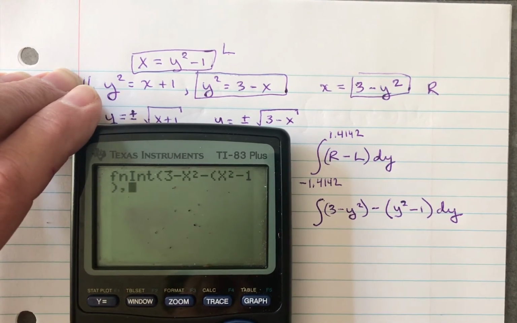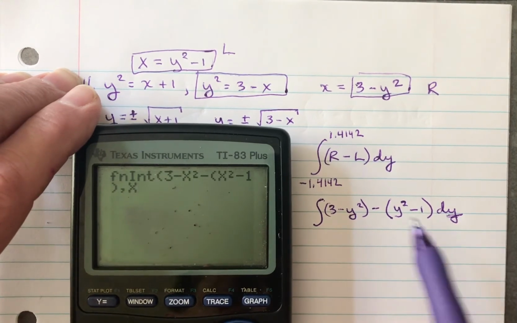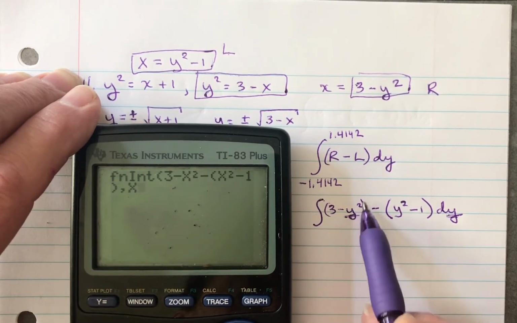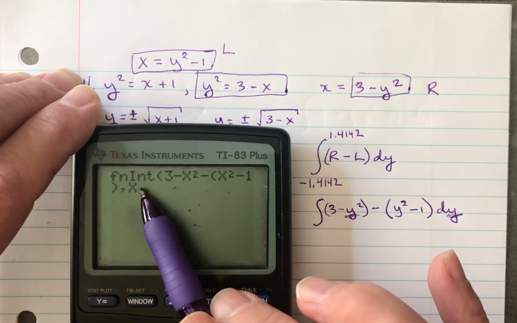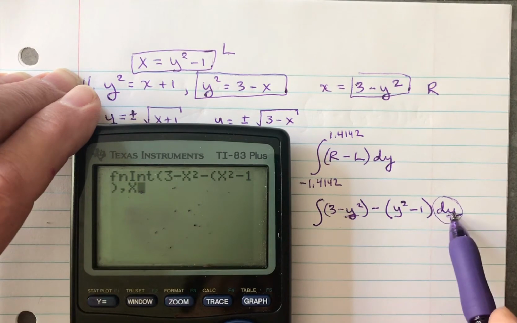And then I'm going to integrate, but I'm tricking my calculator here. I'm going to integrate with respect to x using fnInt, even though my variable here is y.